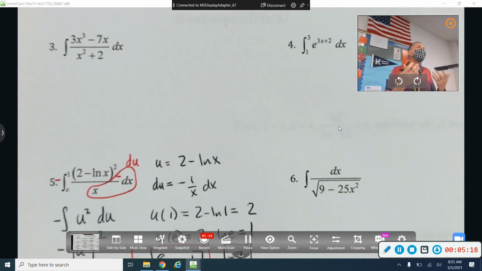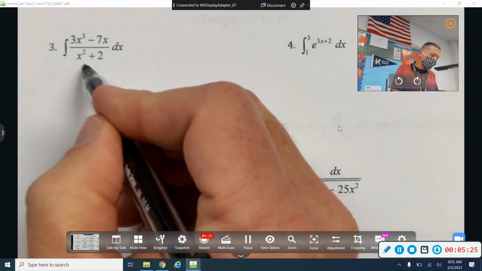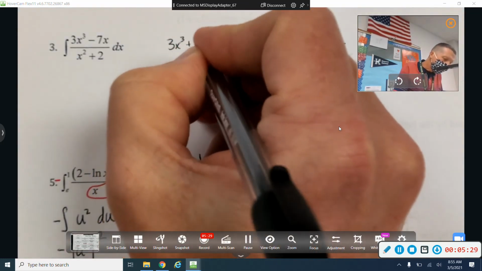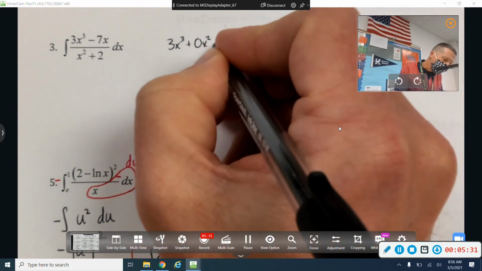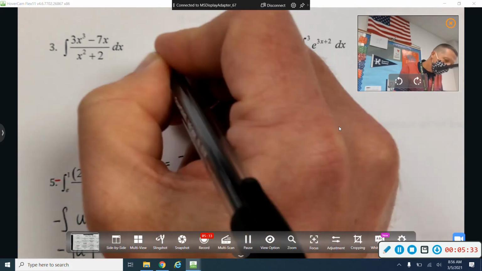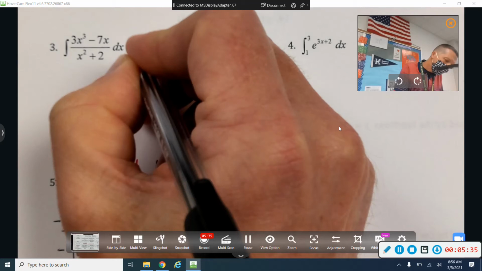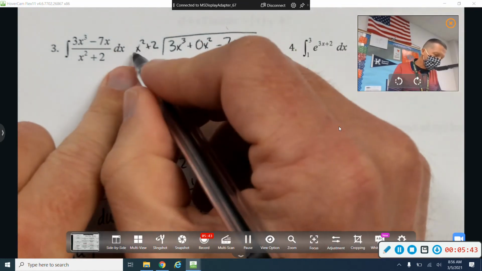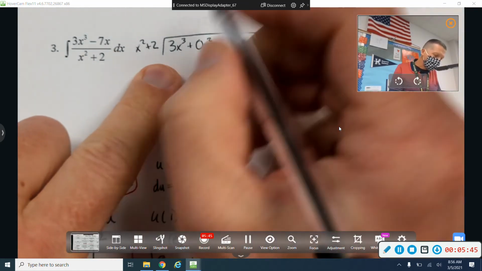How did you know that it's a long division problem, I guess? Yeah, if the top degree is bigger than the bottom degree, then it's long division. So the 5th grade algorithm still holds. Something times x squared gets me to 3x cubed.